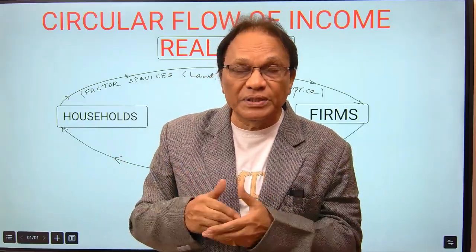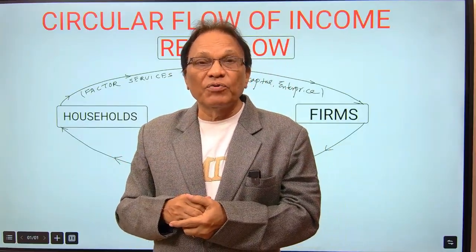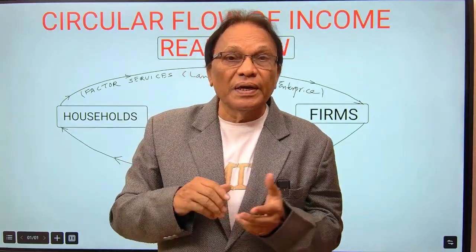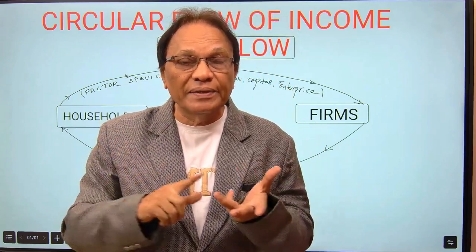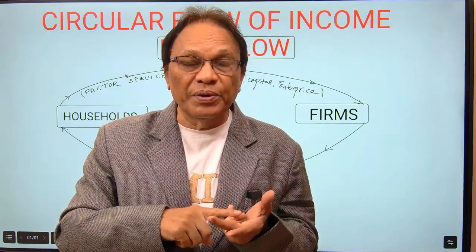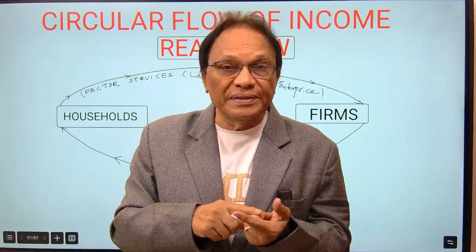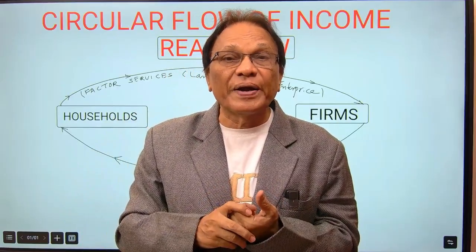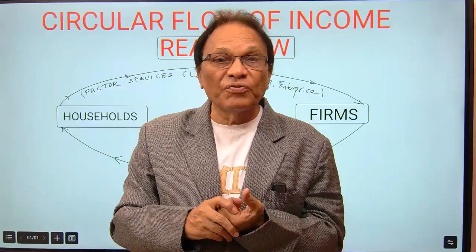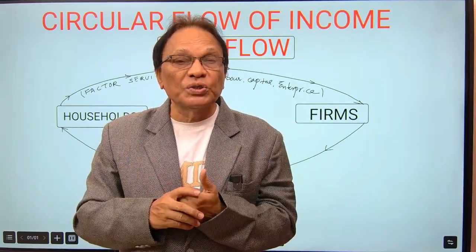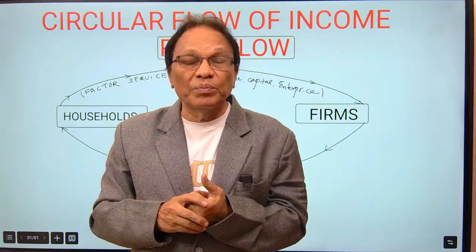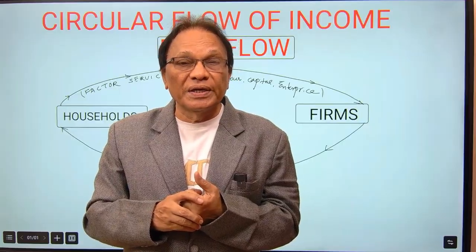Let's see how the real flow takes place. There are four factors of production, you know that. One is land, second is labor, third is capital, and the fourth is enterprise. These are very essential to produce goods and services in the economy. Without them, you cannot produce anything.